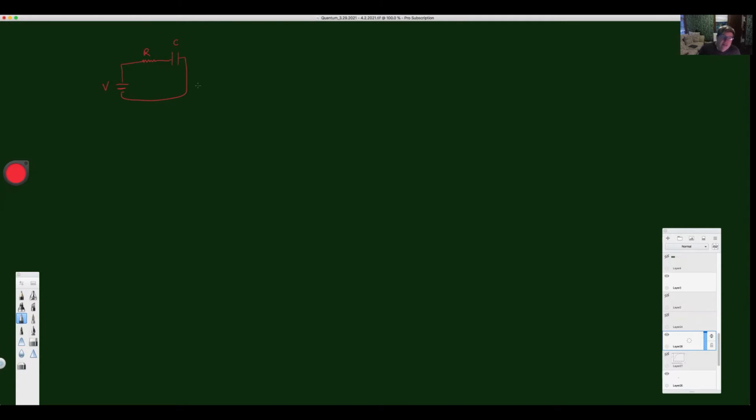Okay, so in this circuit, now let's imagine here, and I should probably put that in first, that we have a little switch. So we're not going to turn it on yet. So here's a little switch. When we close the switch, then the circuit starts going.